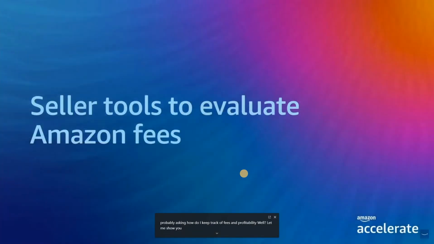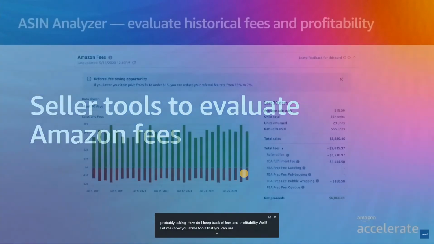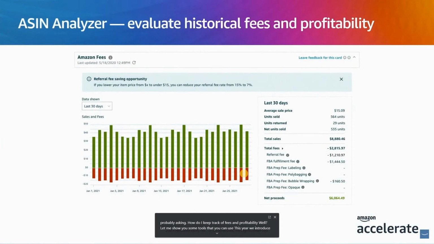So now that you know the importance of pricing competitively and the tools that you can use to manage your pricing, some of you are probably asking, how do I keep track of fees and profitability? Well, let me show you some tools that you can use. This year, we introduced the Amazon Fees card to provide a detailed breakdown of product economics within SKU Central.